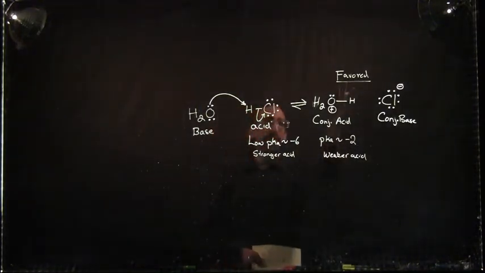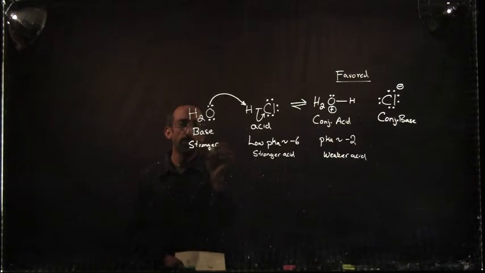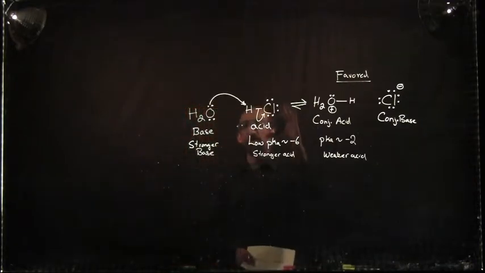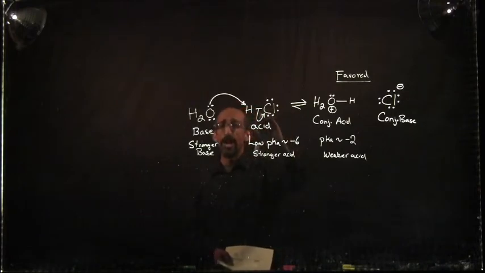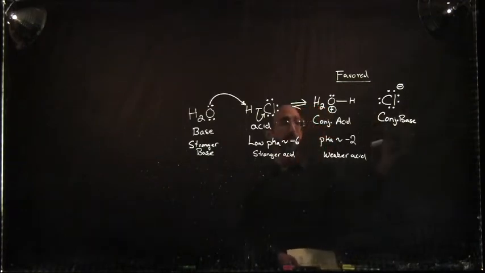And so because my H3O+ is the weaker acid, by definition, my H2O is my stronger base. And because HCl is my stronger acid, by definition, my conjugate base, Cl-, becomes my weaker base.